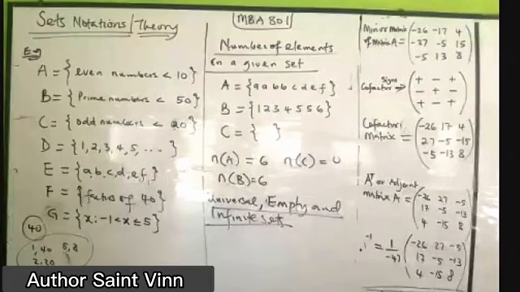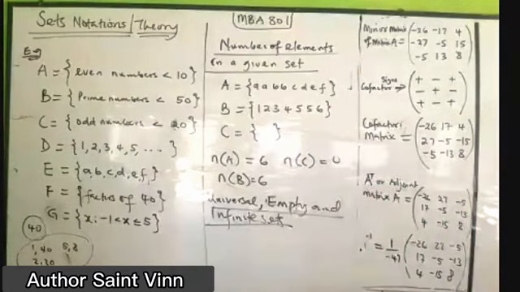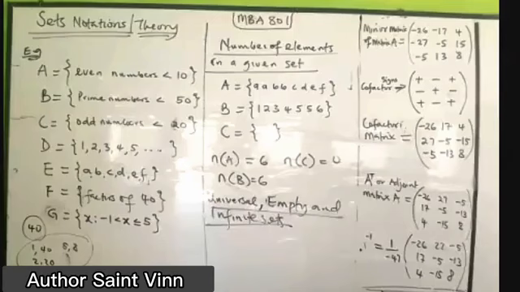I was saying that when an element is written repeated, you count it as once, even if it's written 20 times. So repetition should be counted as once, even if A is written 20 times. Is that okay? Okay, sir.